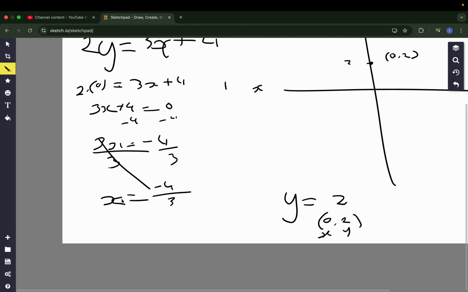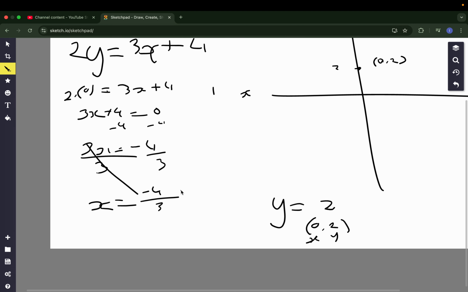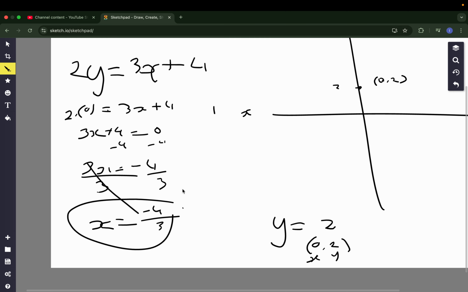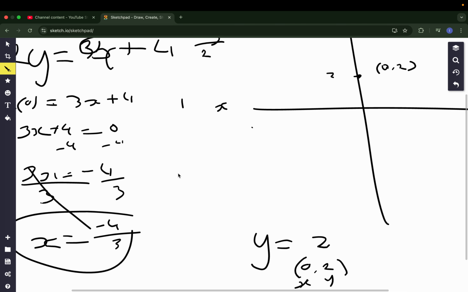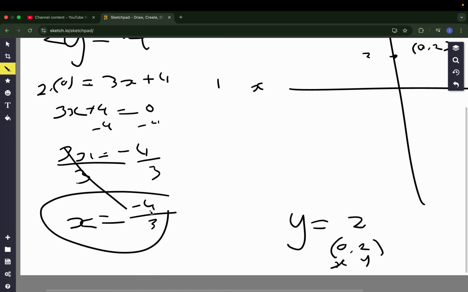Then we have our second value, x equals negative 4 over 3. Okay, if we find something like this, we can actually always use the gradient. But the gradient will also be 3 over 2. So it's okay, we'll just use the x-intercept.